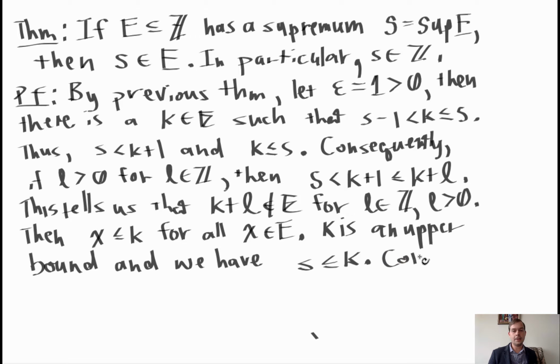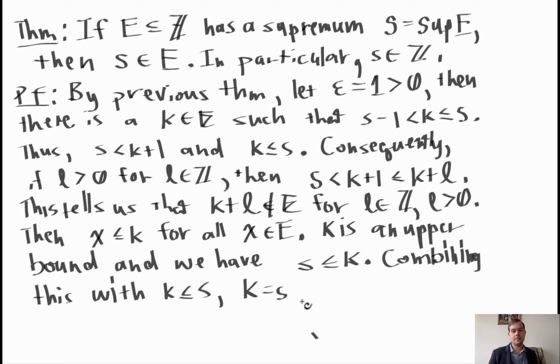Well, combining this with the fact that k is less than or equal to S, we have to have that k is equal to S. And of course, k therefore lives in E, and hence S is an integer.